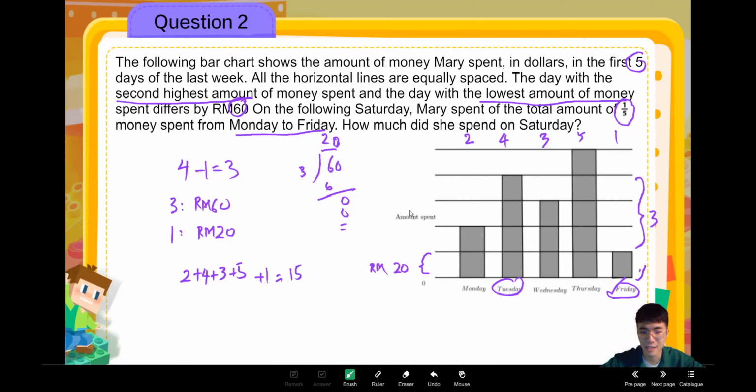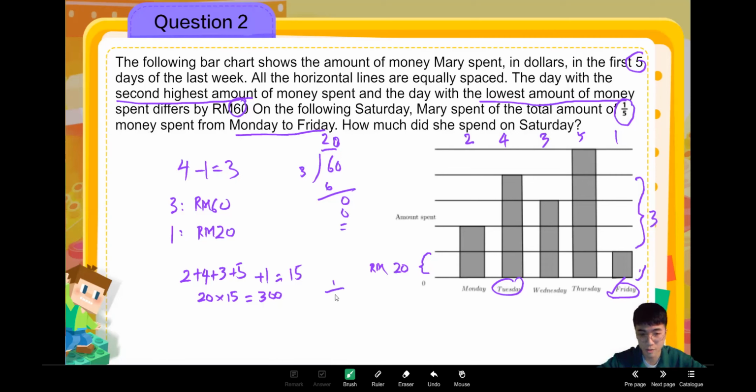Now we need to get the total amount spent in these 5 days. We need to use 20 multiplied by 15, and we get 300. And it says here, we need to find how much she spent on Saturday. On Saturday, she spent 1/5 of the amount of money spent from Monday to Friday.